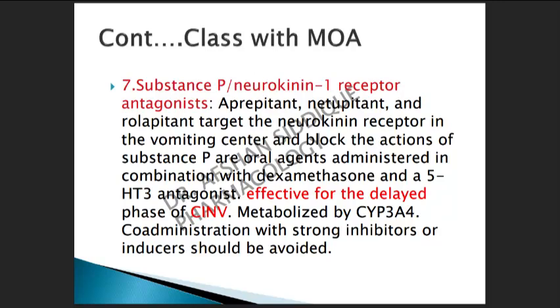These medications are given orally along with a combination of dexamethasone and 5-HT3 antagonists.